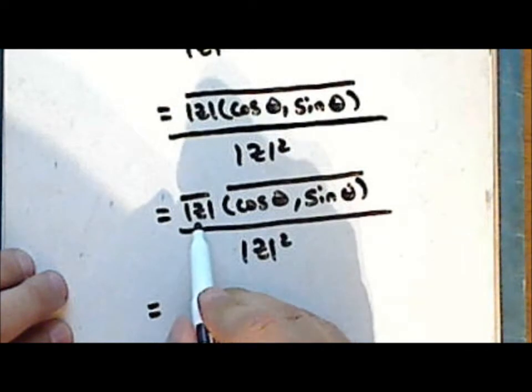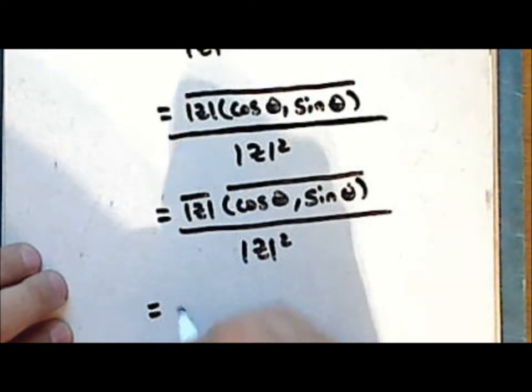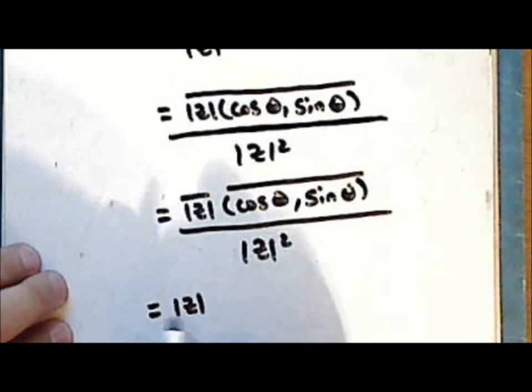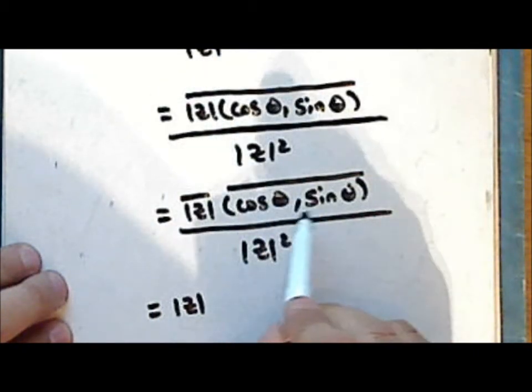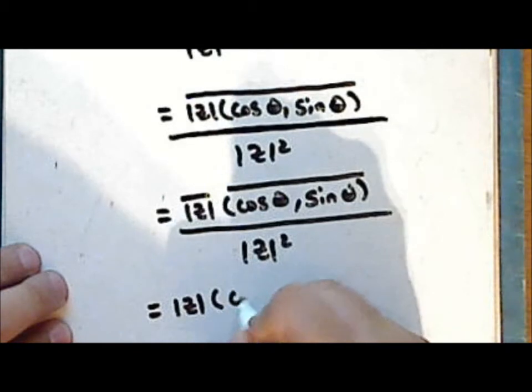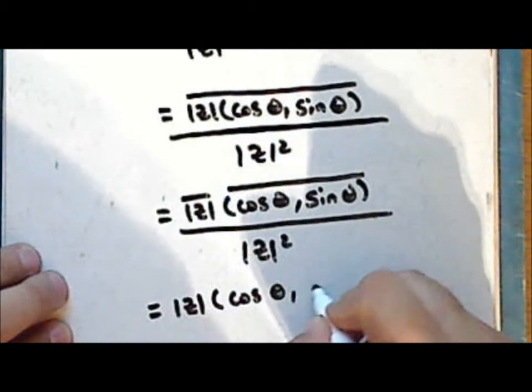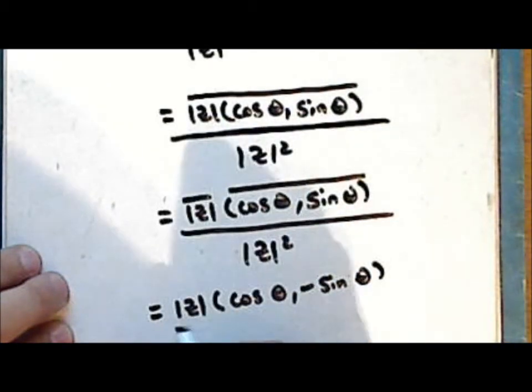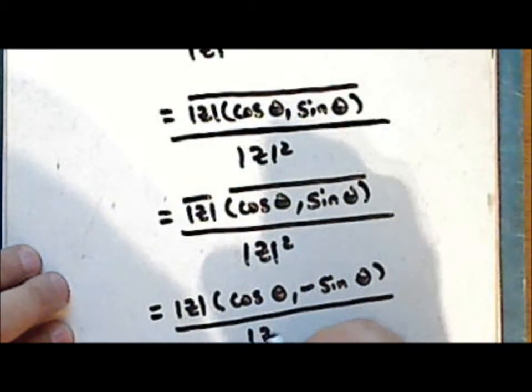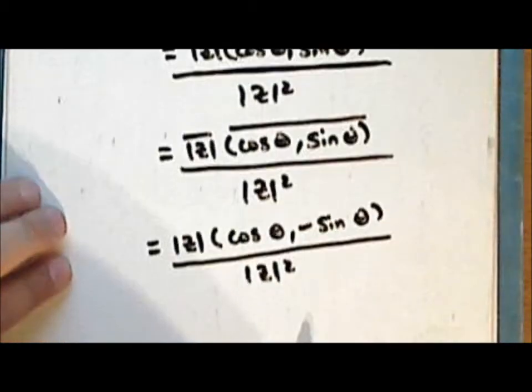The conjugate of a real number is the real number, so we simply have the modulus of z. The conjugate of the ordered pair cosine theta, sine theta is the ordered pair cosine theta, minus sine theta. This is all divided by the square of the modulus of z.